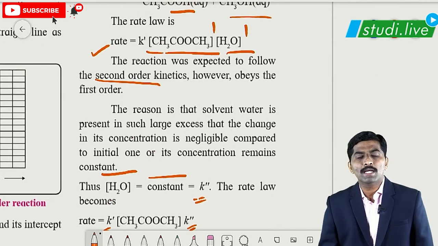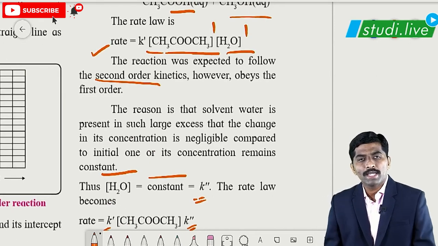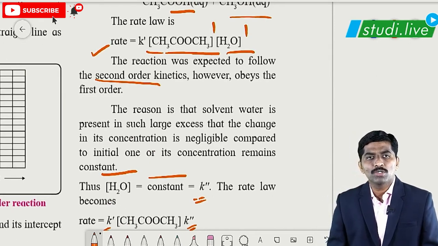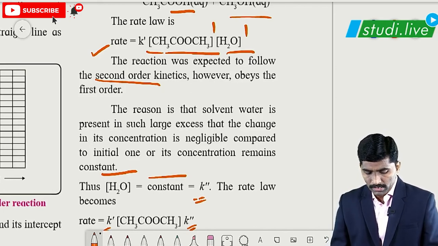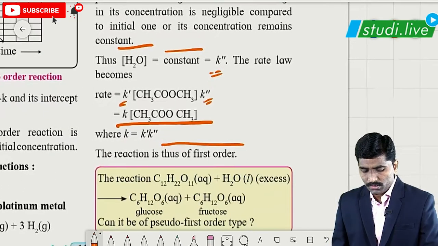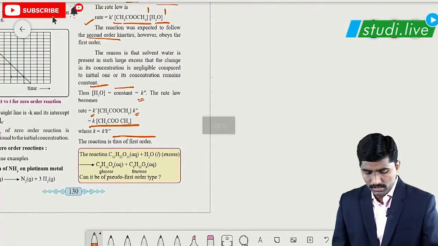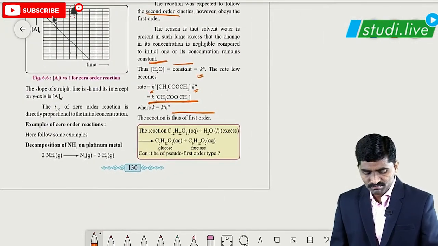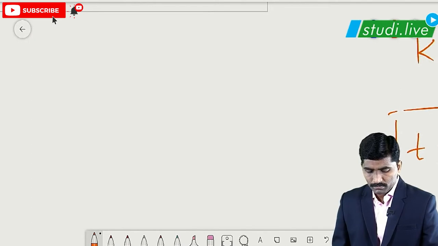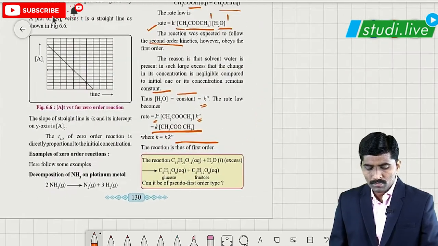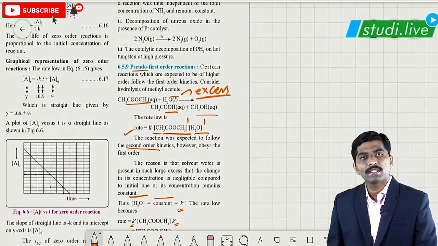So how will we describe this reaction? A reaction which is actually of higher order but appears to be of lower one is known as a pseudo first order reaction. I hope these are very clear to all of you.